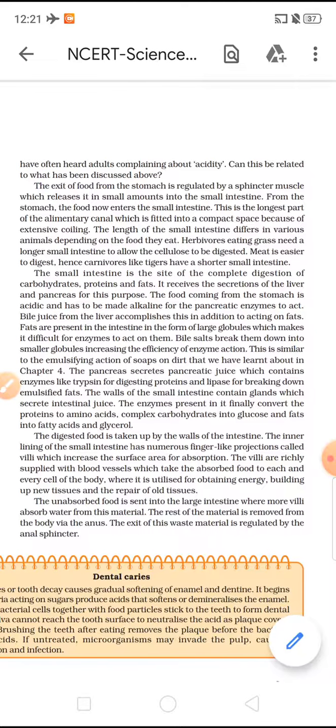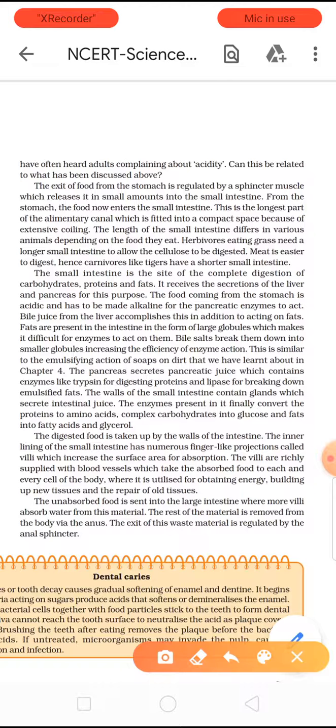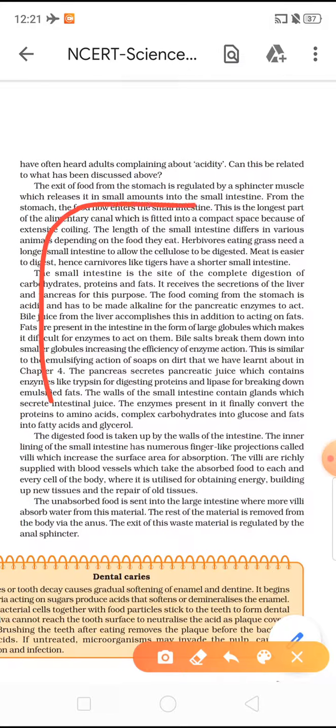The inner lining of the small intestine has numerous finger-like projections called villi, which increase the surface area for absorption. So this is taking place specifically in your large intestine and the later portion of the small intestine. So how is it happening? See, suppose this is the outer wall of the large intestine.